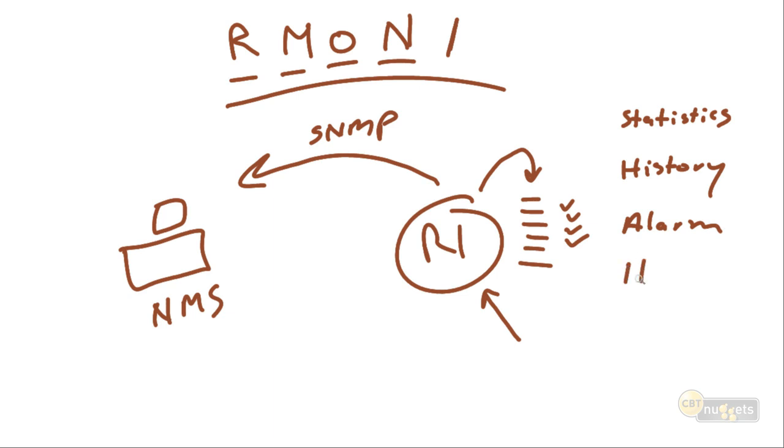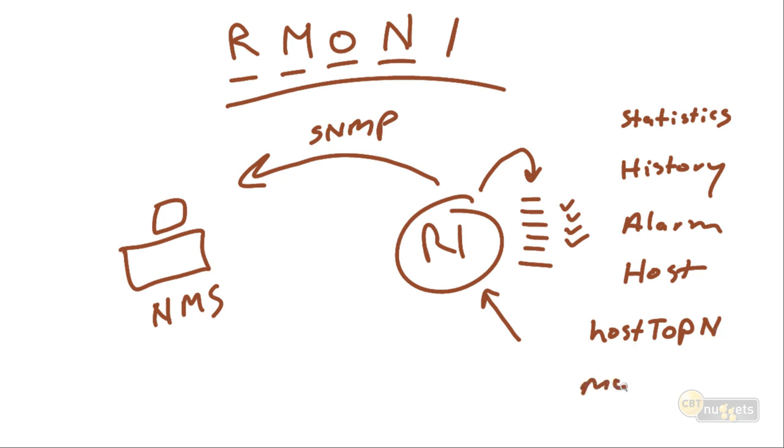There was a host category that was defined for containing statistical information associated with each host that's discovered on the network. There was the host top N category, and this contains statistics for hosts that top a list for specific observed variables.